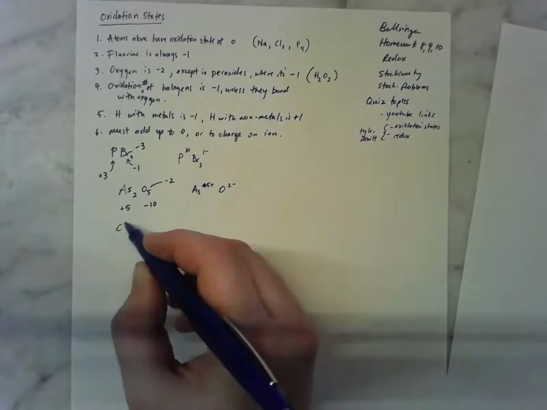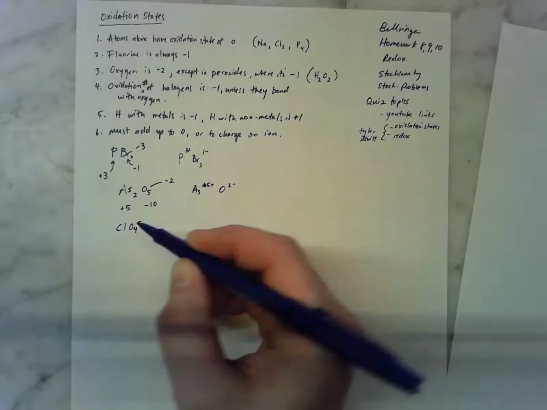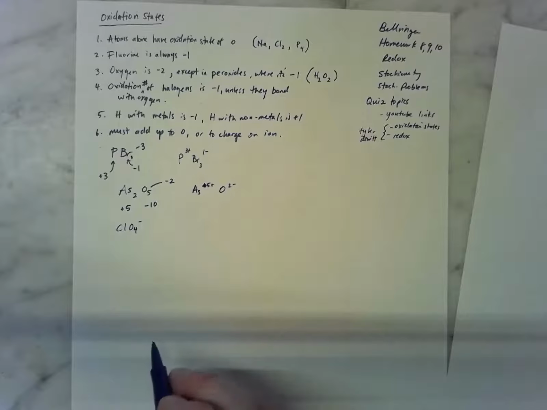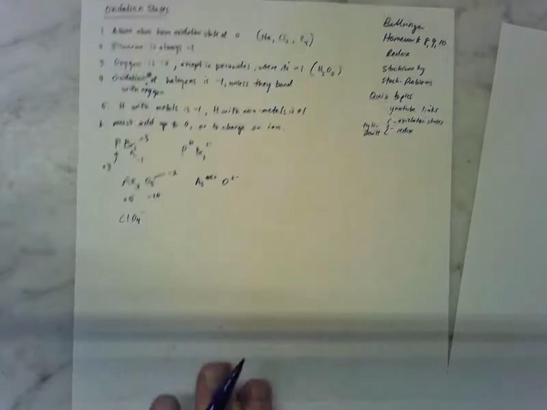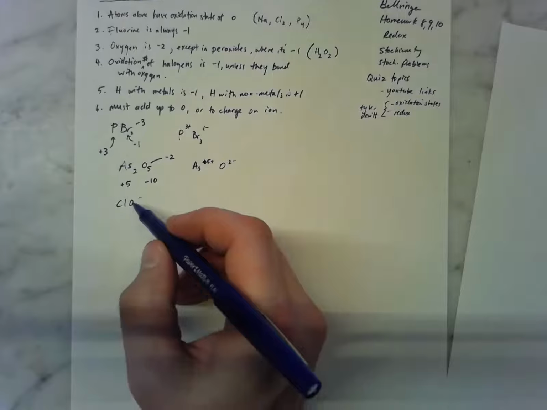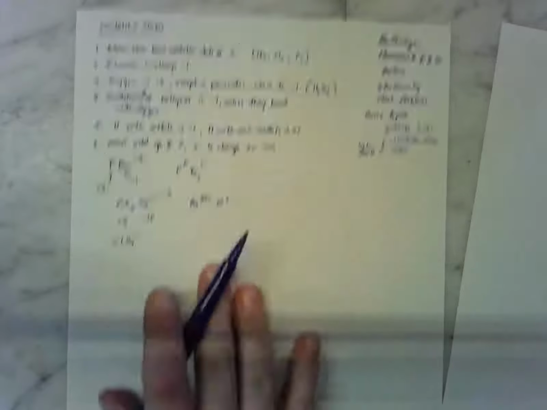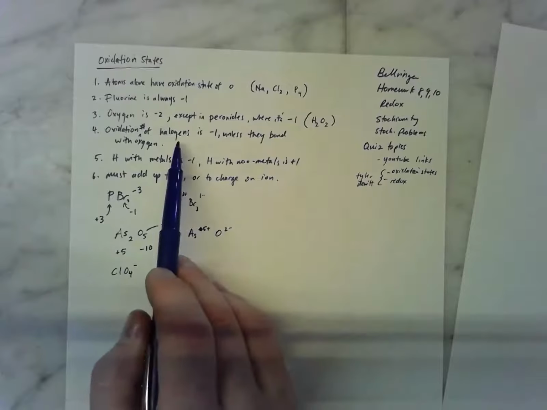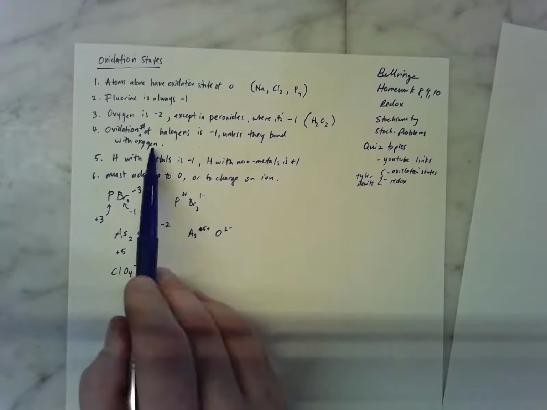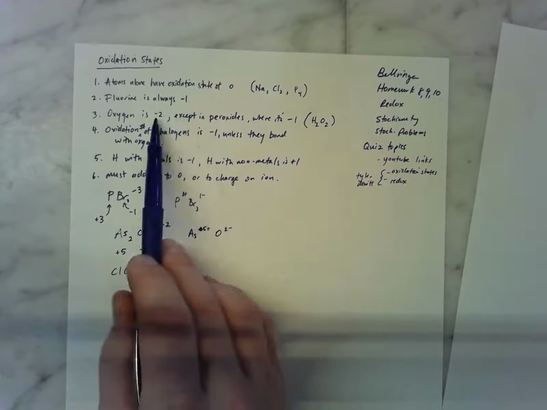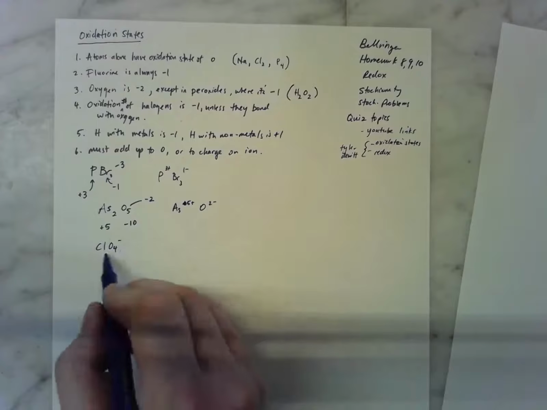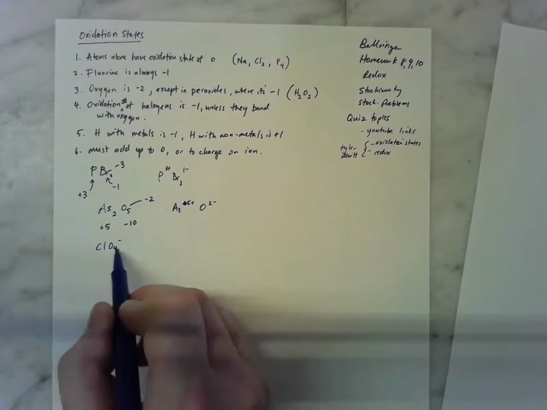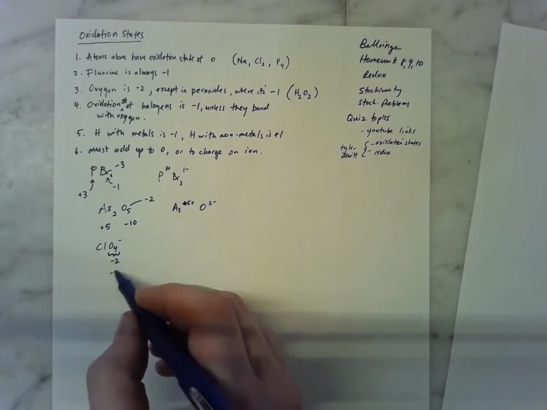Next, ClO4 minus. Now we've got a polyatomic ion here. So what happens? Halogens are -1 unless they bond with oxygen, and oxygen dominates. So we know that oxygen is going to be a -2 for a total of -8.